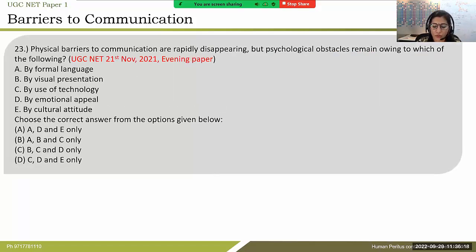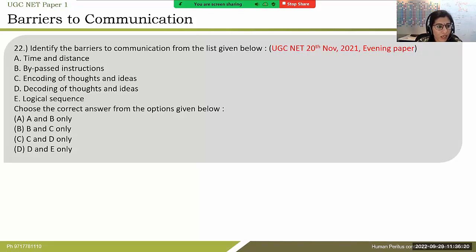All right. Next question. Identify the barriers to communication from the list given below. Time and distance: is it a barrier to communication? Yes, it is. Next, bypassed instructions. Obviously, this becomes a barrier, because when you bypass the instructions and do not understand them carefully, it becomes a barrier.